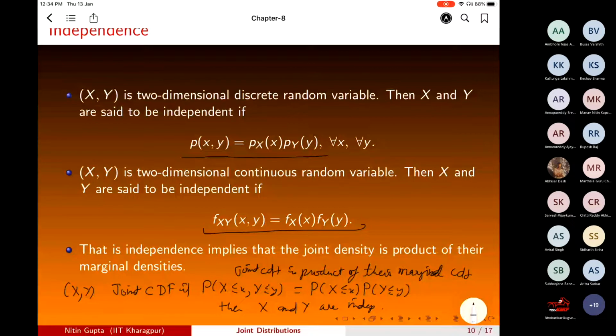Okay, so this is the joint CDF F_XY. If this joint CDF is the product of their marginal CDFs, then x and y are said to be independent. From there we will get these two definitions in the discrete and continuous cases also.